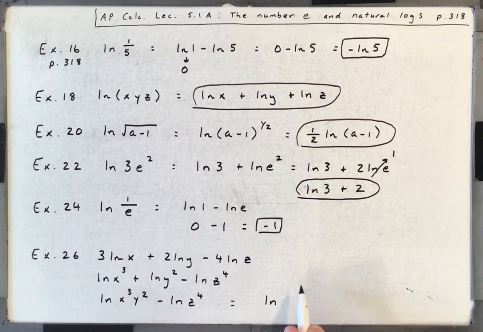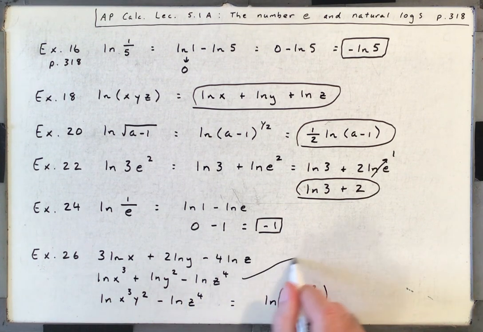So this is the natural log of x cubed y squared divided by z to the fourth. And it's probably best to put parentheses around all that so you know you're taking the natural log of that entire fraction there. All right, remember, just go left to right. Combine with multiplication and then subtraction after you do the multiplication. If we'd have a minus first, then we would have brought y squared underneath. And then if we had a plus second, we would have multiplied. Okay, left to right.